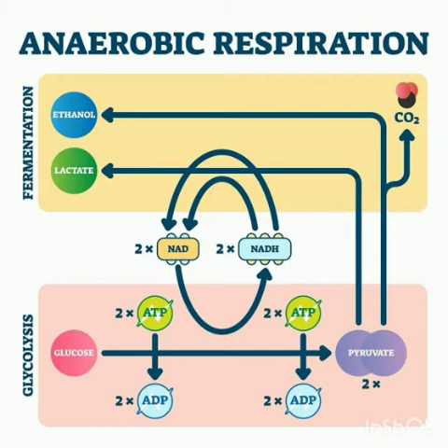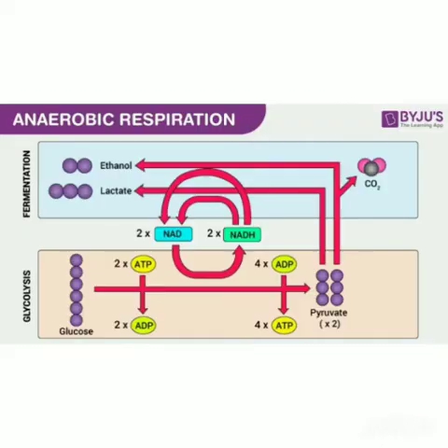So see children, when you do a lot of activity like running, jumping, weightlifting for hours together, our body is in need of huge energy, but the energy supply and the oxygen supply to our cells will be limited. In this case glucose will be broken down into lactic acid and energy.